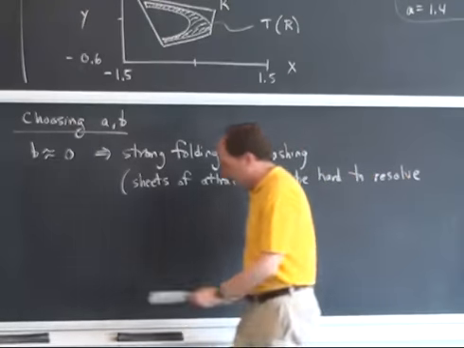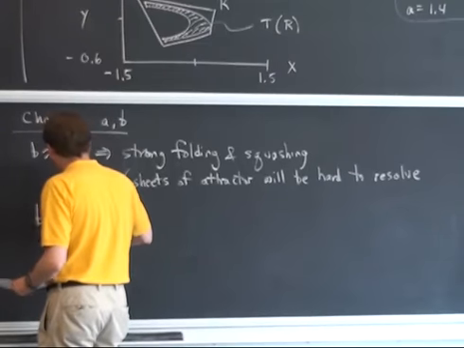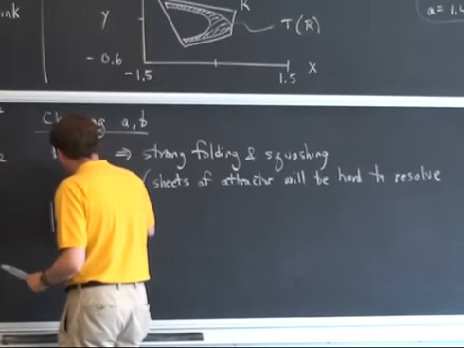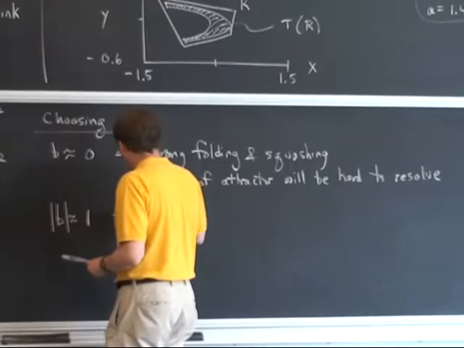On the other hand, if B is too close to 1, where the map is not contracting area very much, let's say in magnitude, then the folding may not be strong enough to produce chaos.